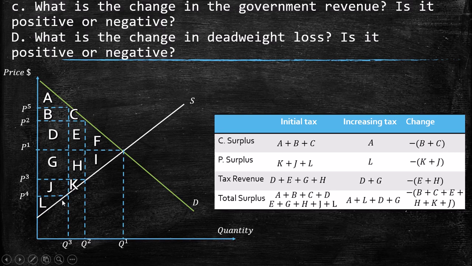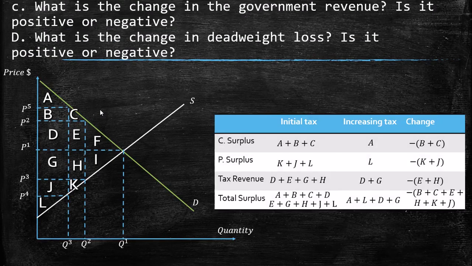Before, with the first tax, there was a deadweight loss of F and I. So you can think about it as positive in a sort of way because it increases, right? It would be positive if you explain it this way, because it's going to be an increase of C, E, H, K, which wasn't there before, but now due to the new tax, the deadweight loss is going to increase to this area.